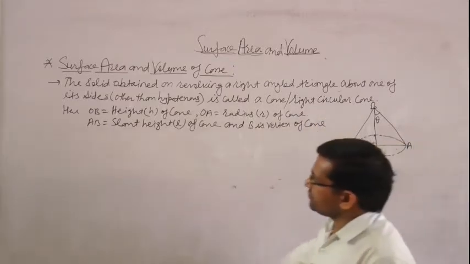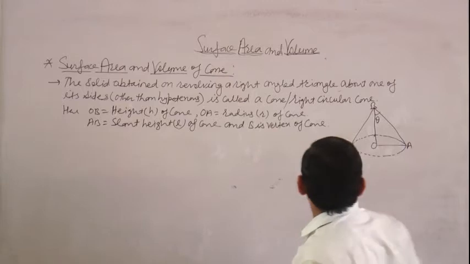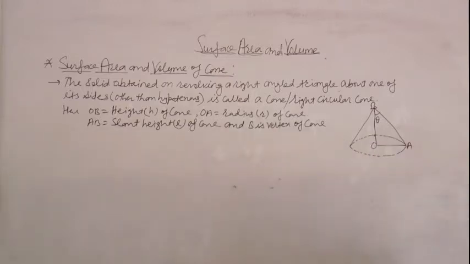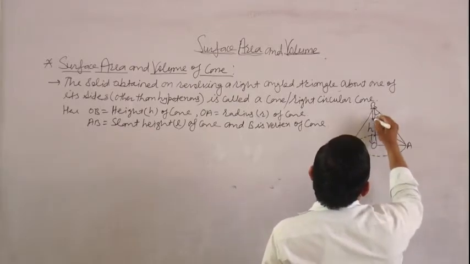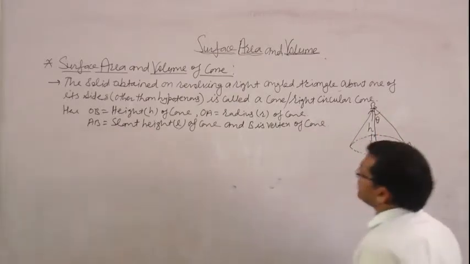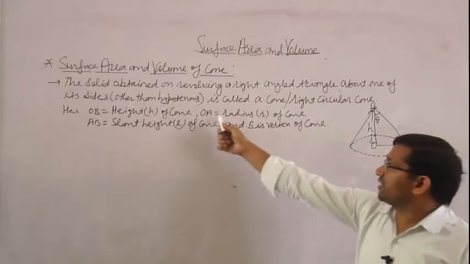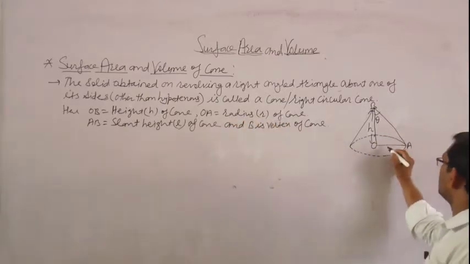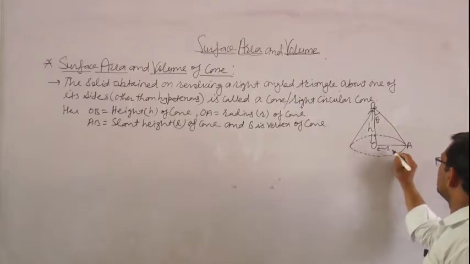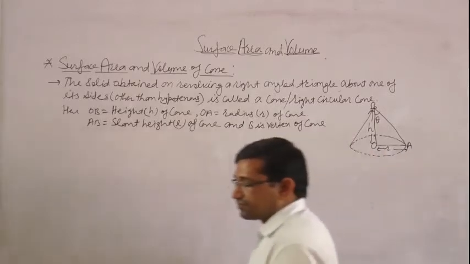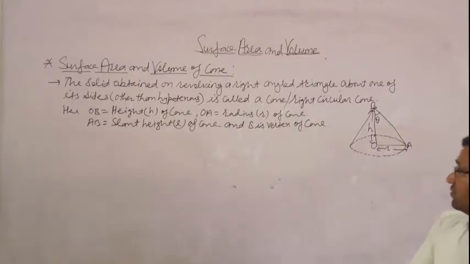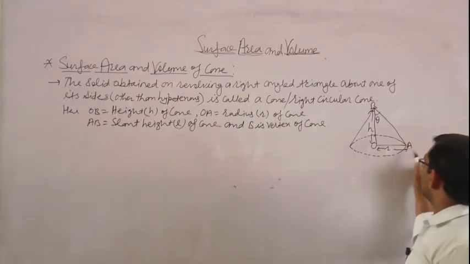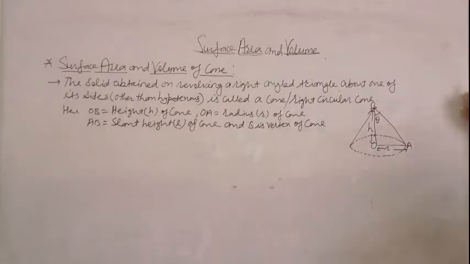Okay, here OB is the height of the cone, which is represented by capital H. OA is the radius of the cone, and this is also the base of the cone.